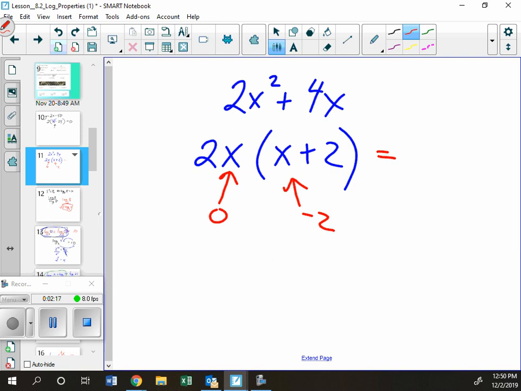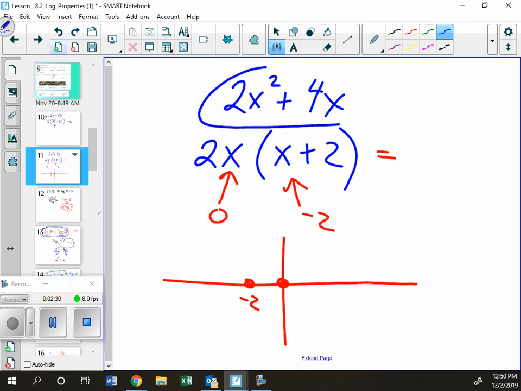No. So those are normal roots. That means if you made a picture of this, that it would hit at 0 and at negative 2. This is a y equals, that's a quadratic, and it would have to go through those 2 points, so do you get it kind of goes like that?